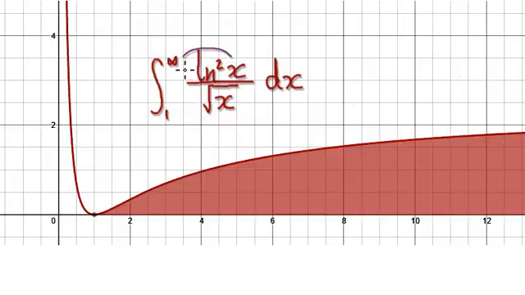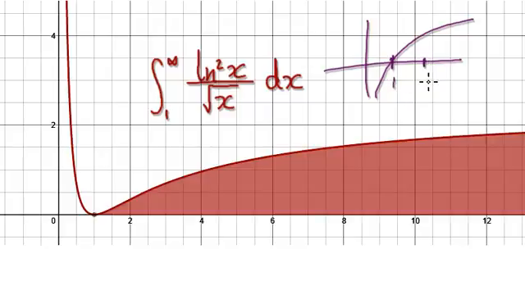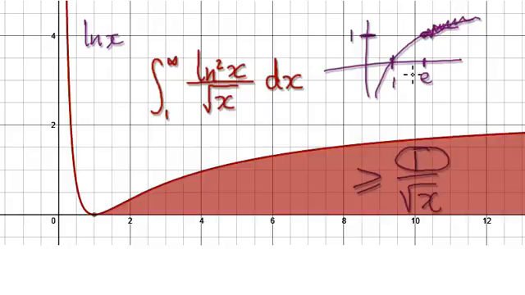We can't say that because the natural log of x looks something like this. This here is 1, and then at e, this thing here will be 1. Now beyond e, you can say that the natural log of x is always going to be greater or equal to 1 over the square root of x, because beyond e, this thing here will always be greater or equal to 1.